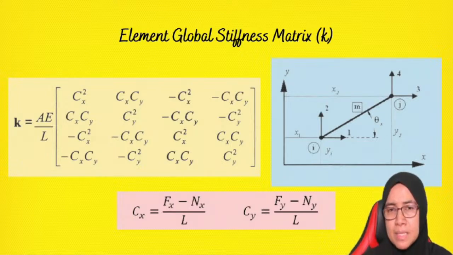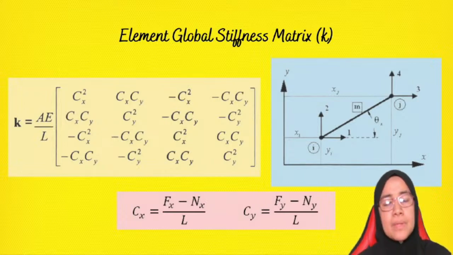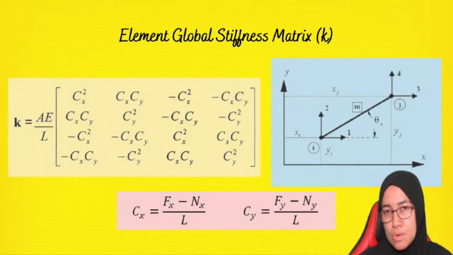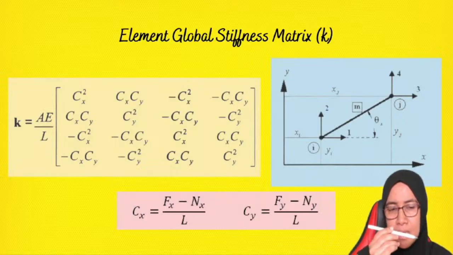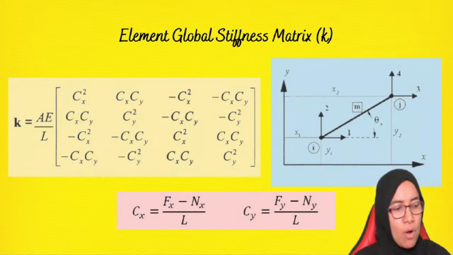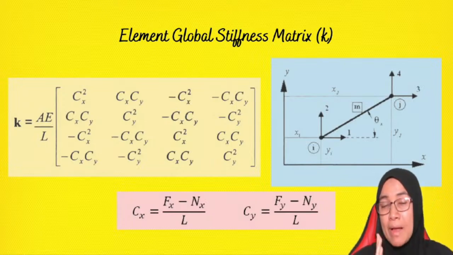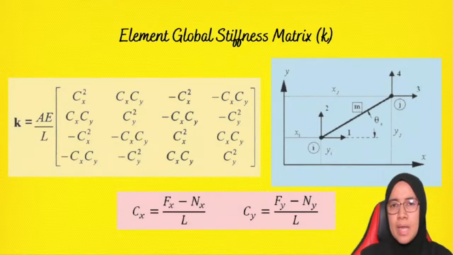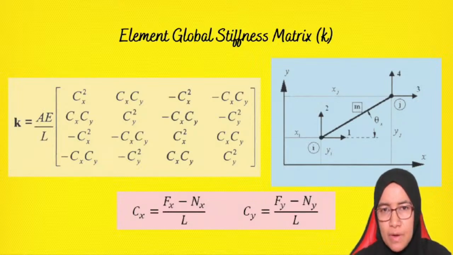It means there is a 4 by 4 matrix for each element, because one element has 2 nodes. So for Cx and Cy, we use the formula.